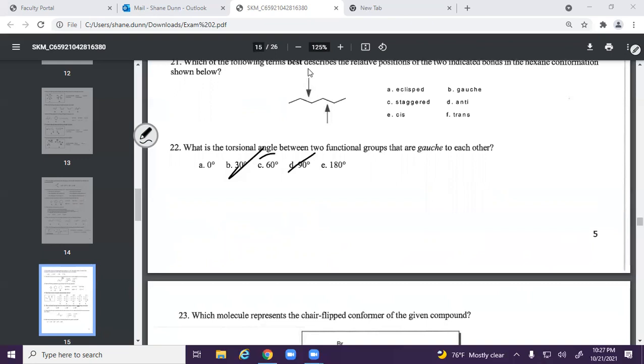Gauche are always 60. That's just how the definition goes. Going up, going out like this, the angle here is 60. That's the definition of gauche. So if you hear gauche, the angle is 60.